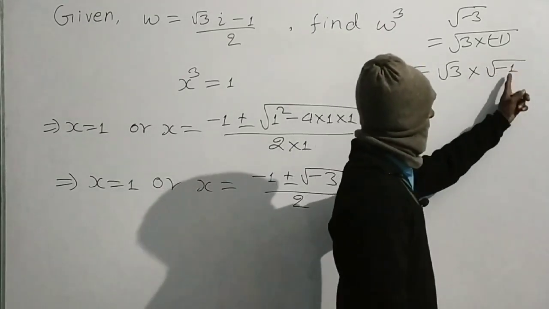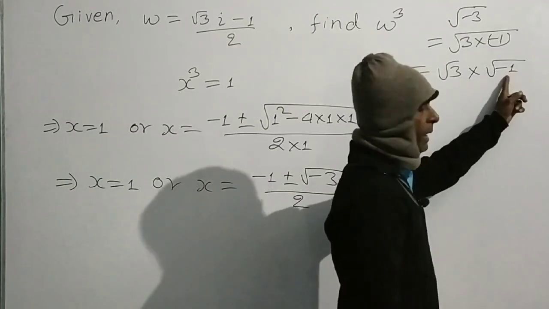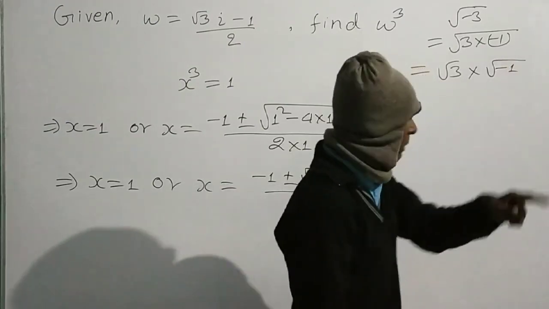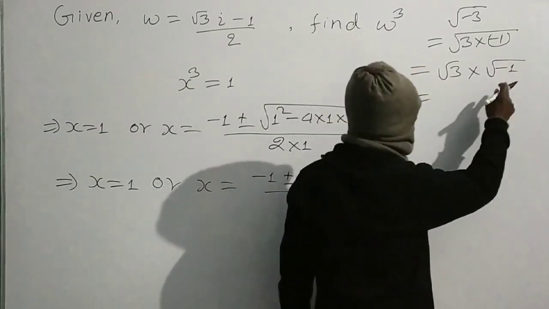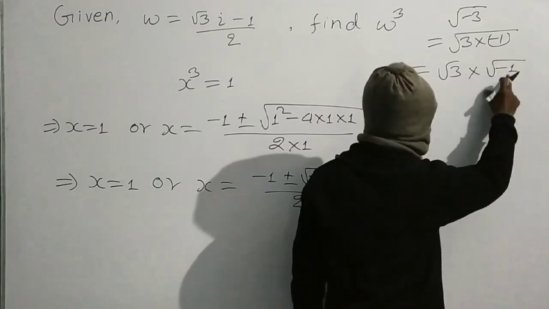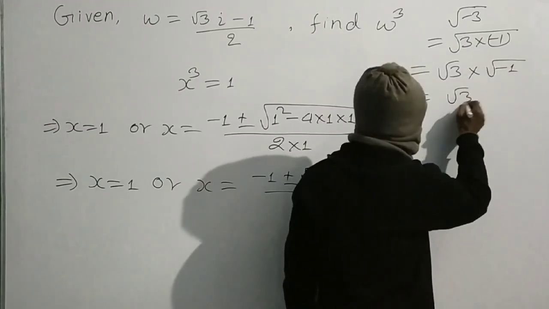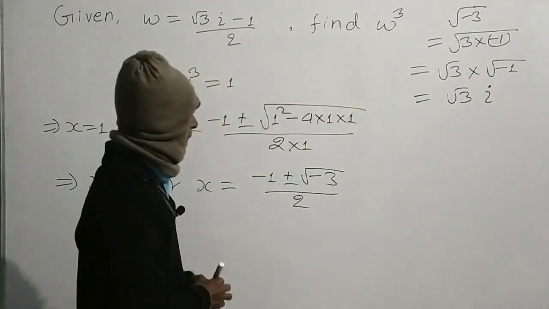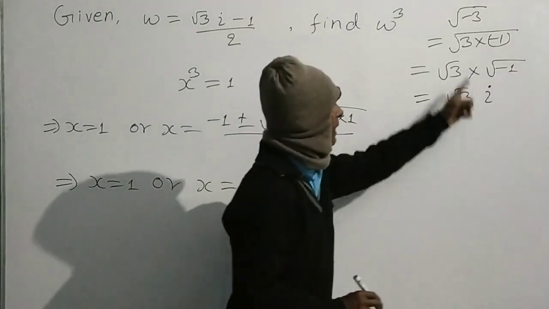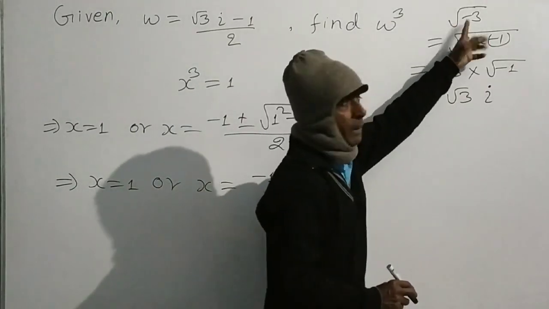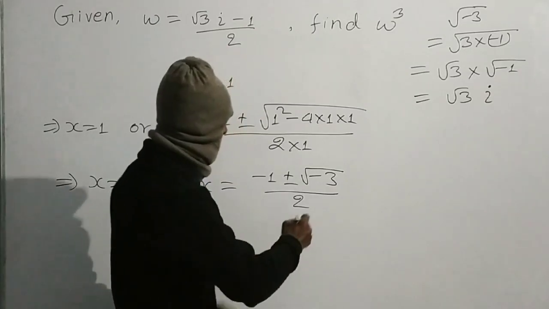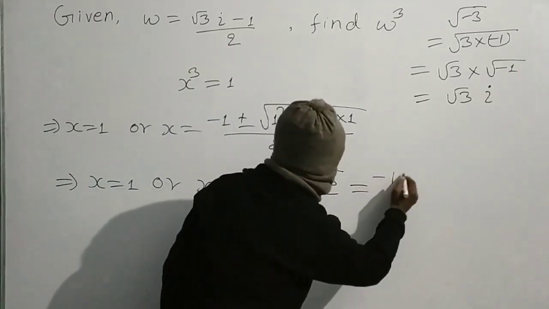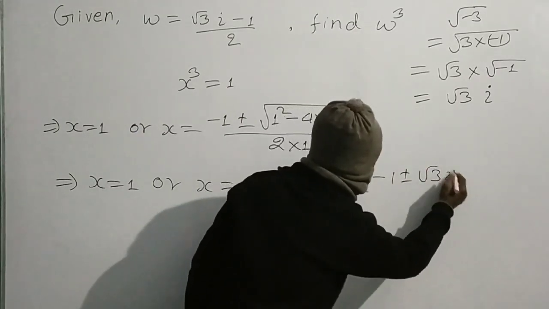This root of minus 1 is denoted by I. And when we write I in place of root of minus 1, this becomes root 3I. When we write root 3I in place of root under minus 3, then this becomes minus 1 plus minus root 3I by 2.